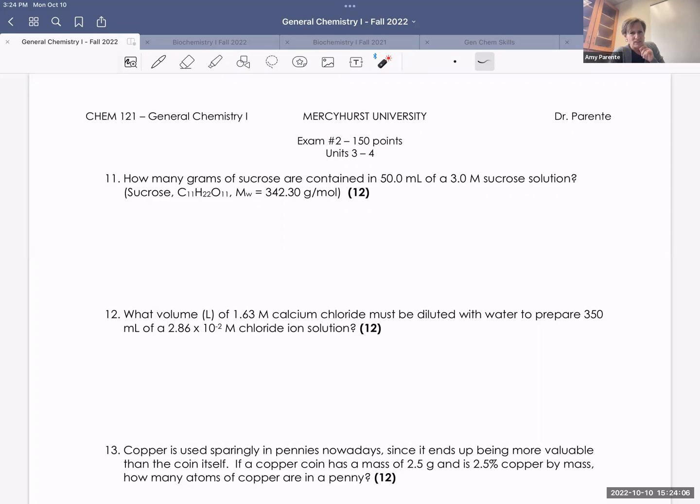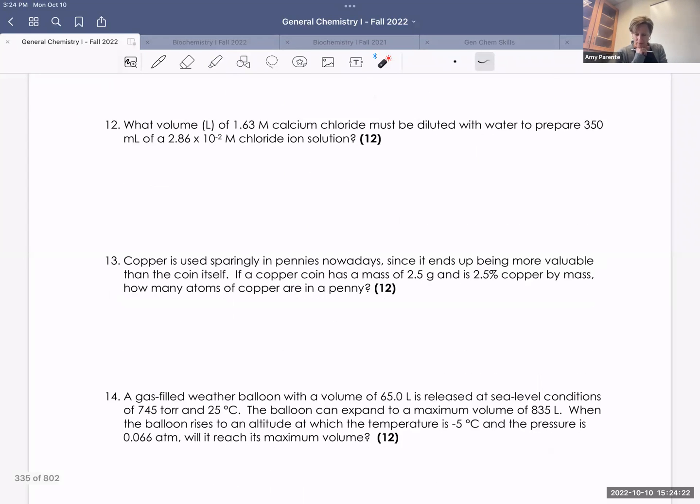Let's see. The next one asks to do a dilution. So when we see this word dilution, we want to be thinking about that M1V1 calculation. So be able to read a problem and then know what am I going to need to do to solve it? Another one of these problems is kind of a unit conversion problem. We're asking how many atoms.